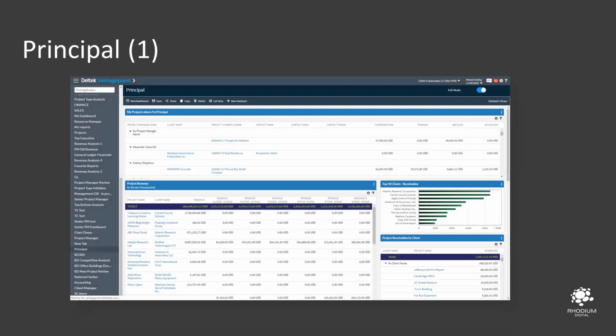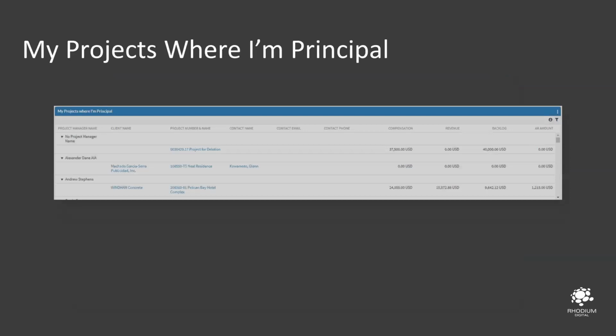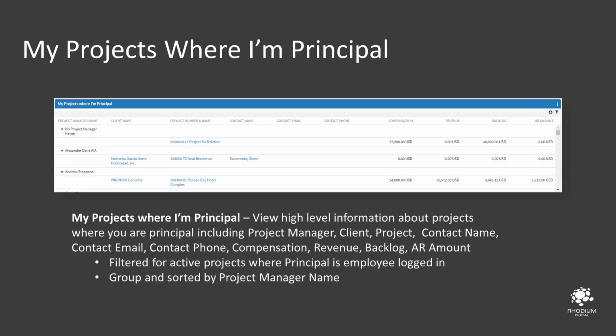At a higher level than a project manager, we think of the principals, the owners of the firm, and giving each of these individuals, again, dashboards that are useful and meaningful for their usage. So the projects where I am the principal, very similar to the tabular view for projects for a project manager, at a very high level.